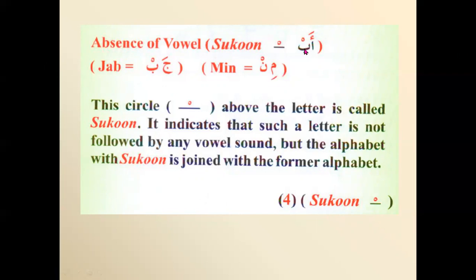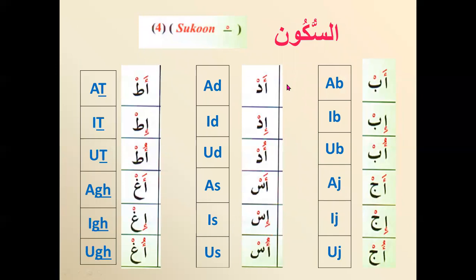You cannot leave it out, because if you leave this out, you will not be able to read this alone. So in Arabic, we cannot start reading with the sukun. We must read it together with the preceding letter, the letter before it. So these are the examples of the sukun.